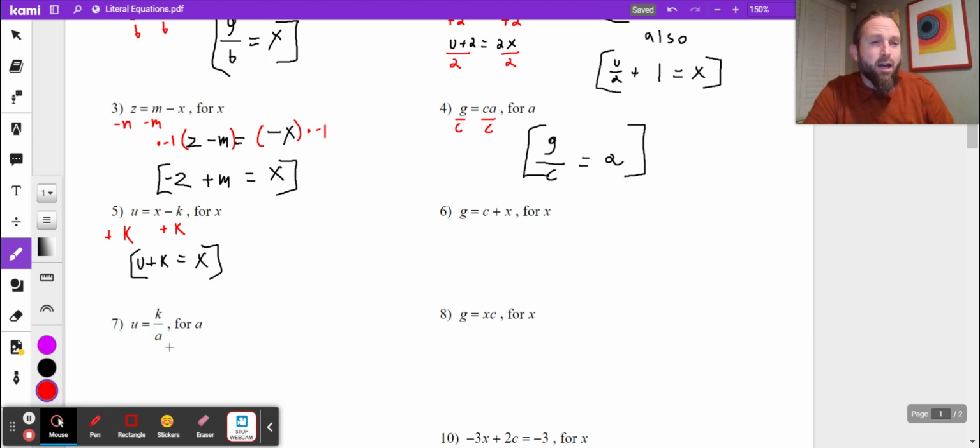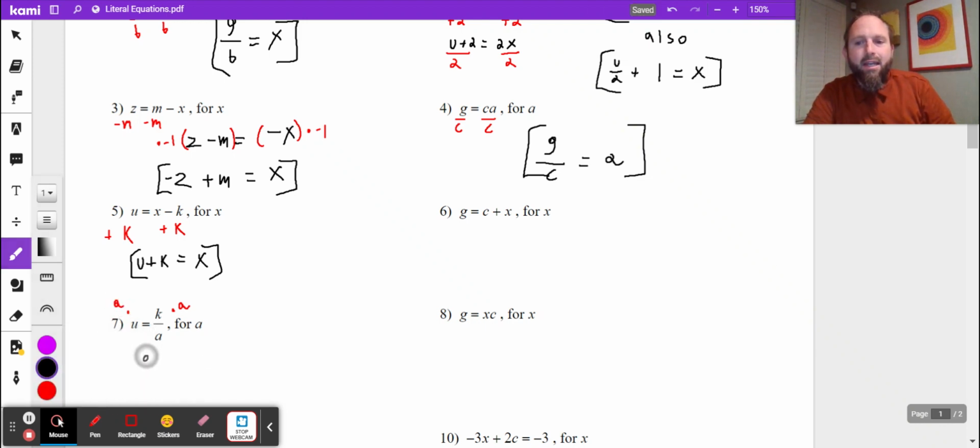Now this next one's a little bit harder. Now the a is in the denominator. We never want the variable we're solving for in the denominator. We want him out. We want him alone. So one of the tricks to do that is to multiply by itself. So I'm going to multiply by a on both sides.